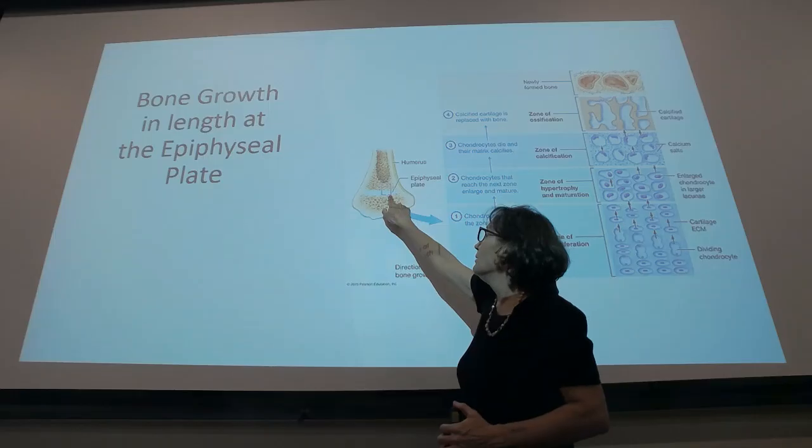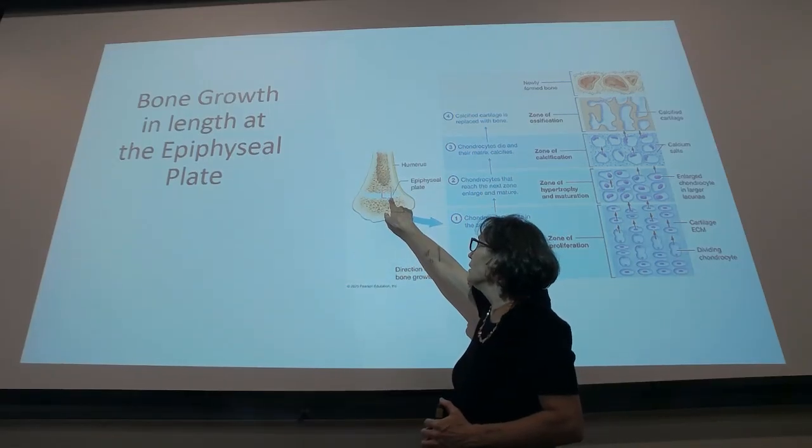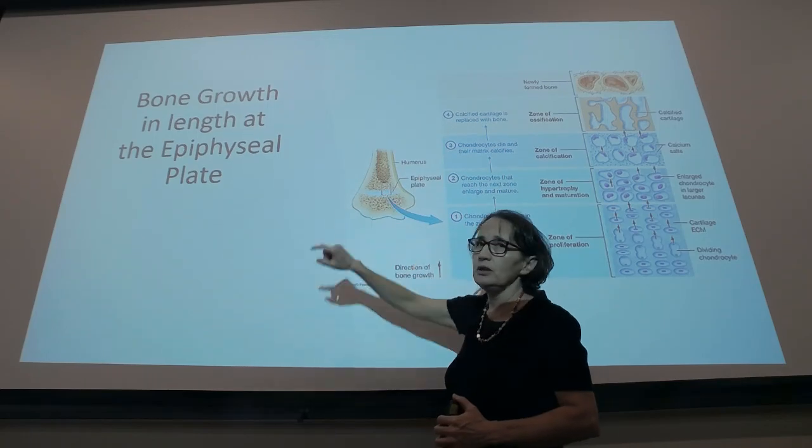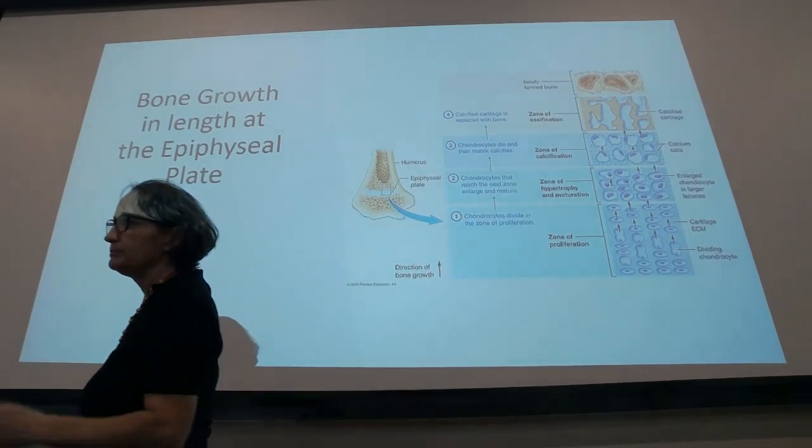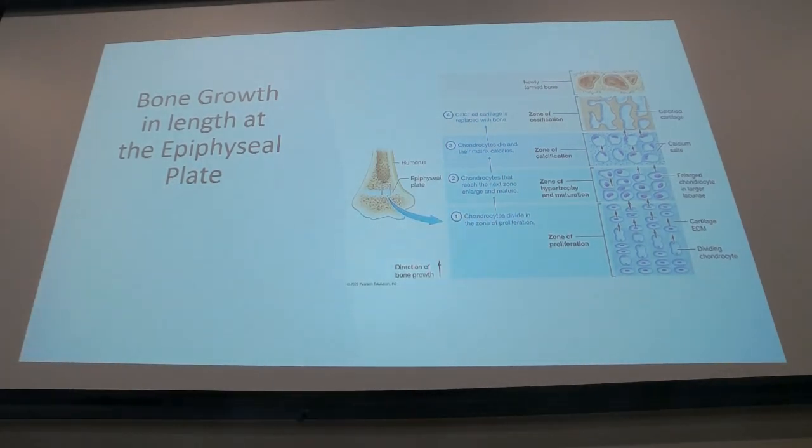So: proliferation, maturation, calcification, and newly made bone. That's the way our bones grow in length.